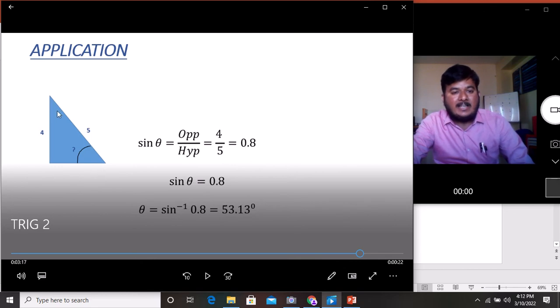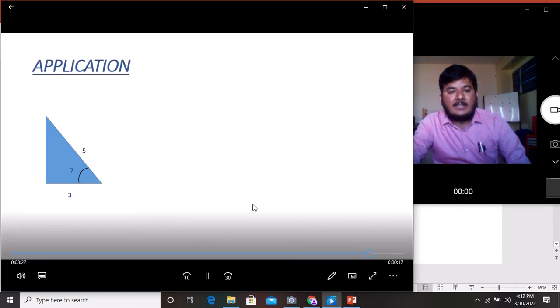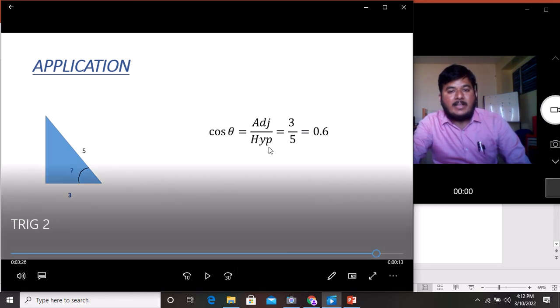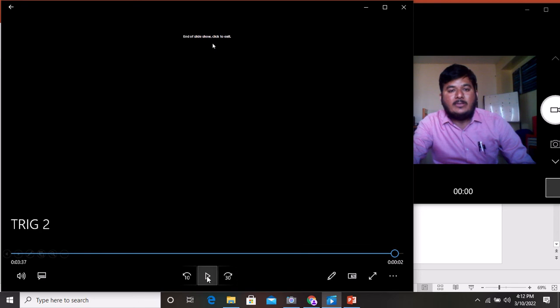This is the adjacent side and this is the hypotenuse. Applying cos theta, cos theta is equal to adjacent by hypotenuse. The adjacent is 3 and the hypotenuse is 5. So the ratio is 0.6. Cos theta is equal to 0.6, theta is equal to cos inverse of 0.6, and we will get the same angle here also.